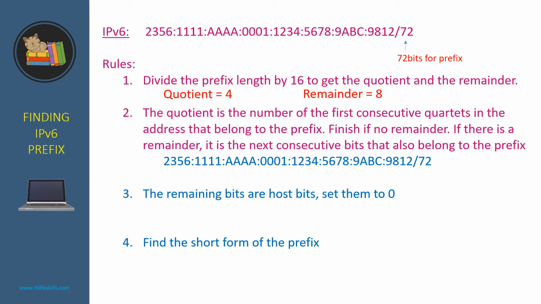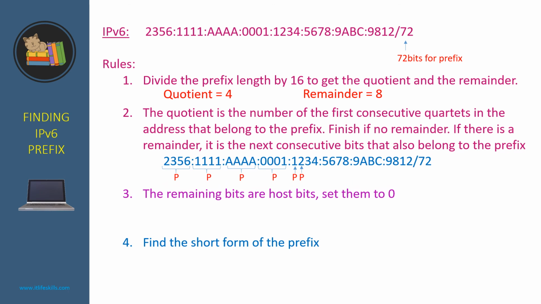In our case, the quotient is 4, so these first 4 consecutive quartets belong to the prefix. Since the remainder is 8, the next 8 bits also belong to the prefix, which means these two hexadecimal numbers belong to the prefix.